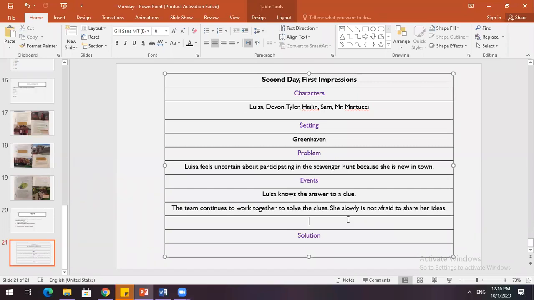They got the second place. Excellent. Okay, so the red team crosses the finish line and comes in second place.